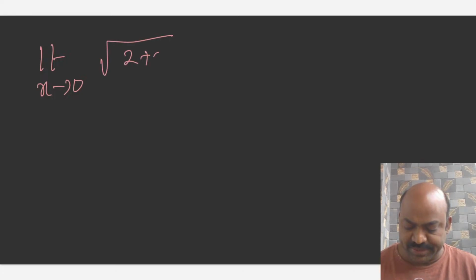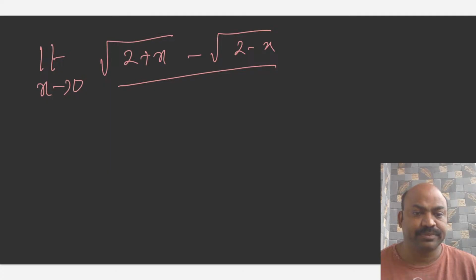Now look at question number 1. Take it down, this beautiful question. The question is like this. Now you have to apply. Somebody gave like this: limit x tends to 0, root of 2 plus x minus root of 2 minus x, by some tan inverse x they give.